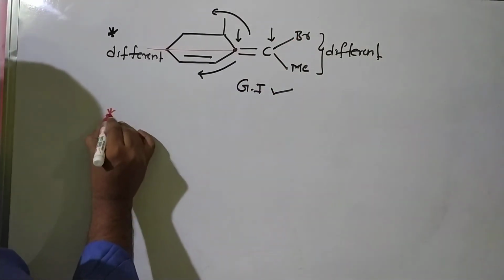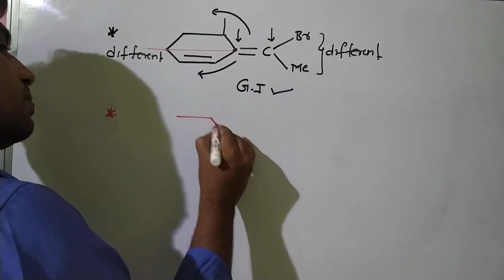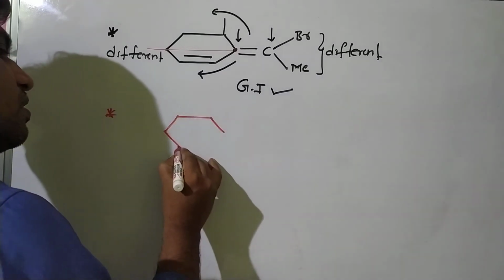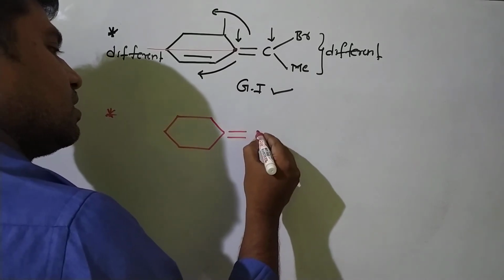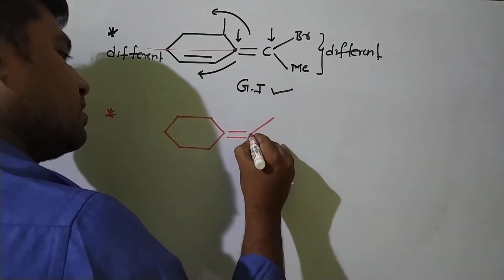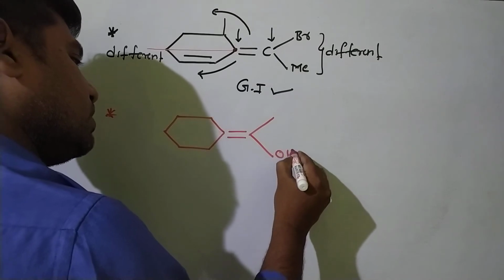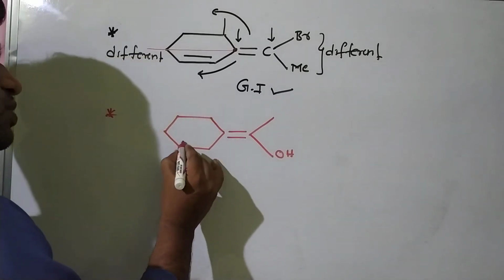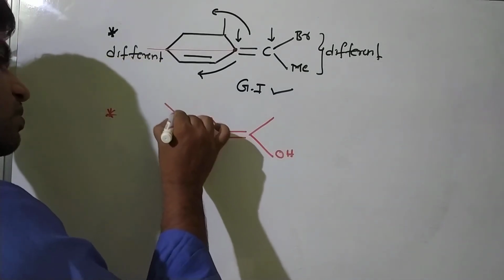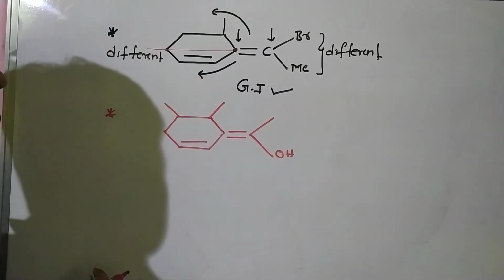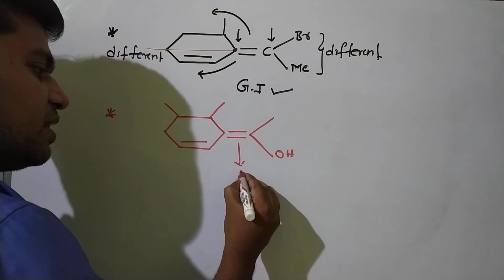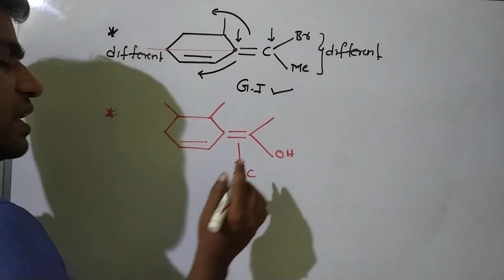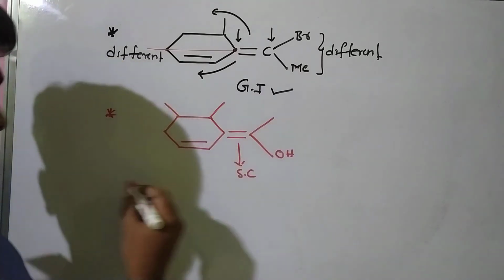Next, and another example. Here methyl, this is OH, this is a double bond. So these are methyls. Here there are two stereo centers. This is one stereo center, because these two groups are different.